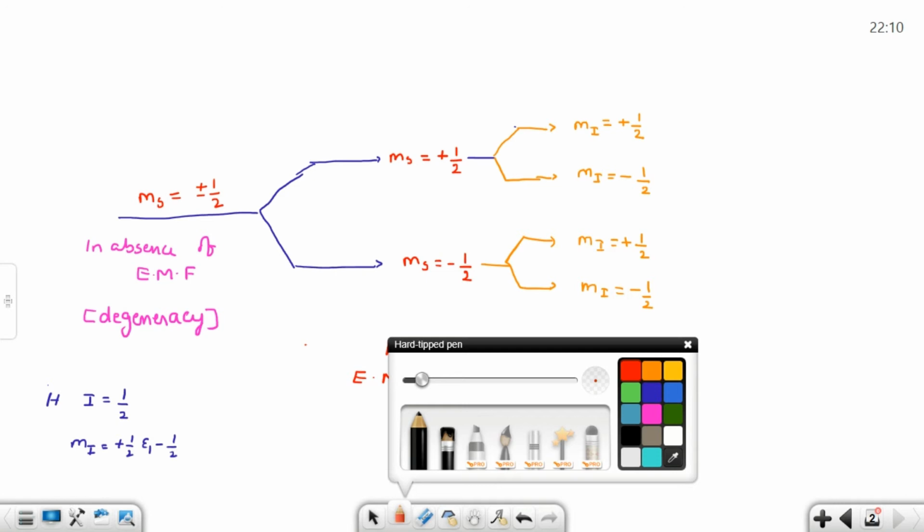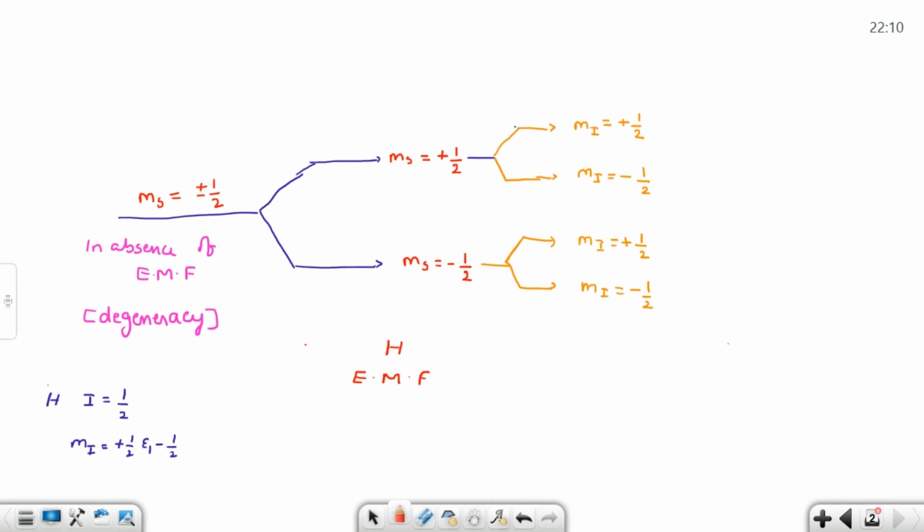In the hydrogen radical we observe two types of transitions.